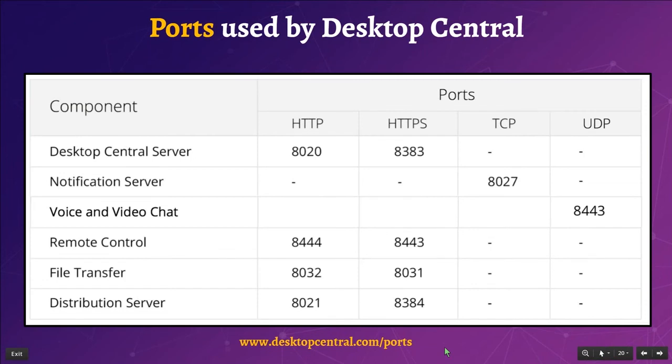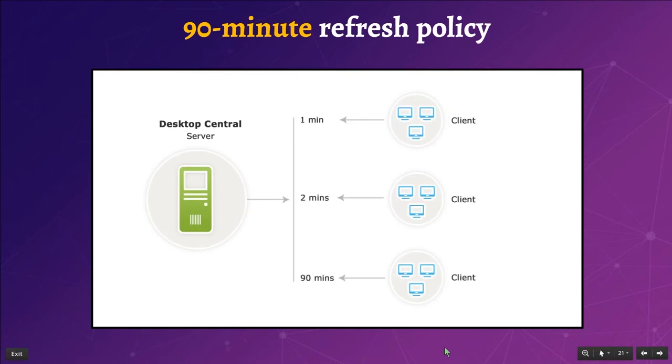Okay, here's a very important feature in the architecture, the 90 minutes refresh policy. Desktop Central architecture is scalable to manage even larger networks up to 20,000 client machines. So this is possible because of this 90 minutes policy that we use. So what is this 90 minutes policy? Every Desktop Central agent will be communicating to the main server every 90 minutes.